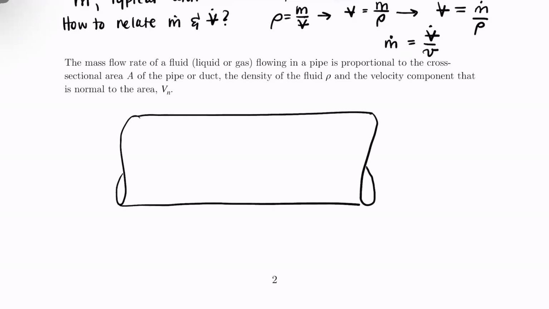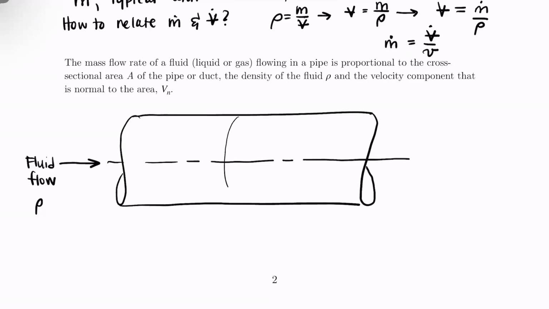If this is our pipe and we have our flow with density rho, and this is our center line, our cross-sectional area of this pipe is going to be a circle.